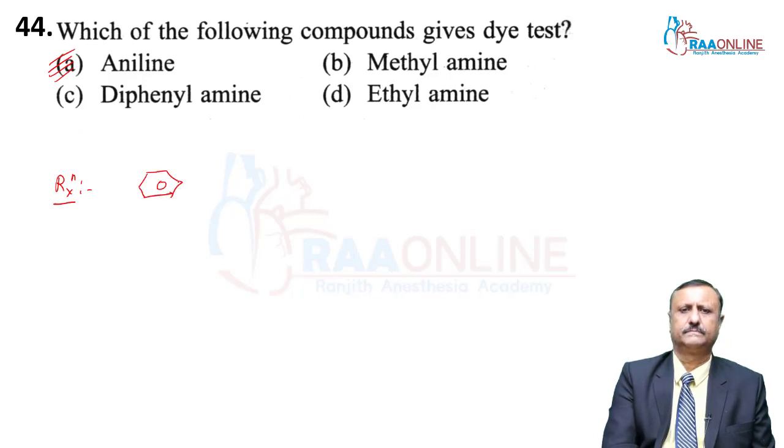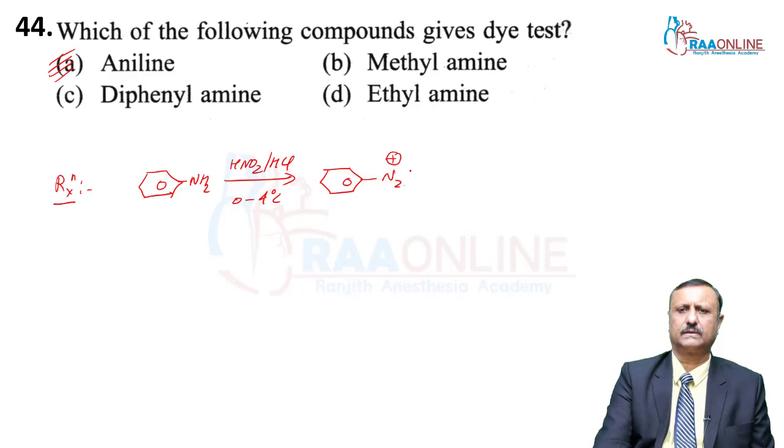This is the aniline, which reacts with HNO2, HCl at 0 to 4 degrees Celsius, and is converted to C6H5N2Cl. My dear students, this N2Cl compound is benzene diazonium chloride. When this benzene diazonium chloride is heated with another molecule of phenol, the hydrogen atom at the para position is removed by the Cl minus ion and you get the dye.